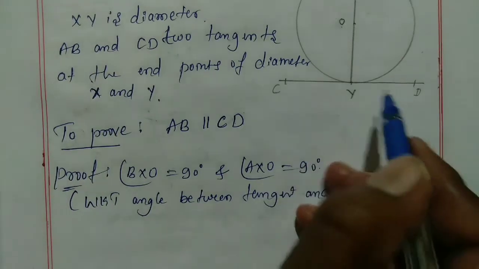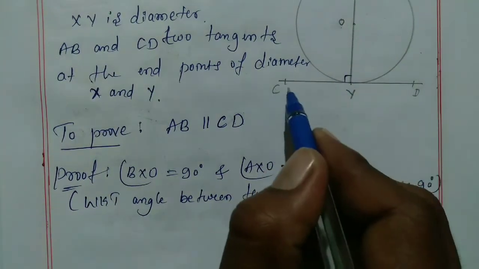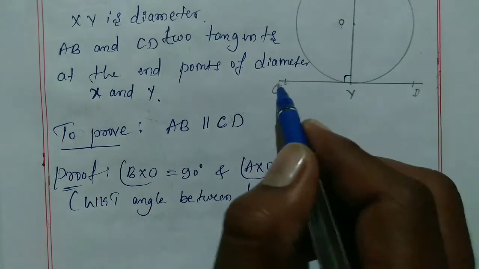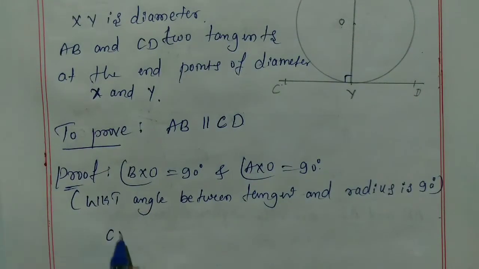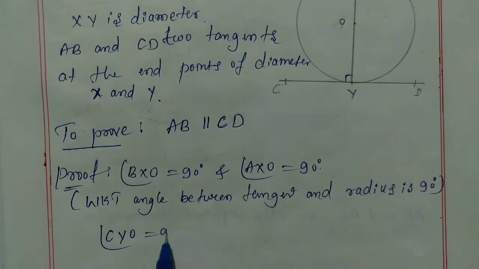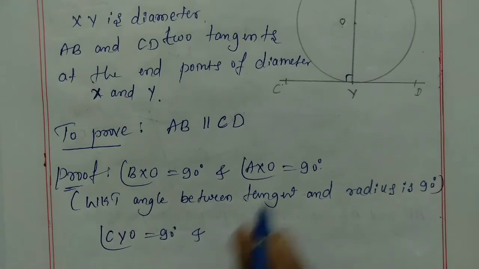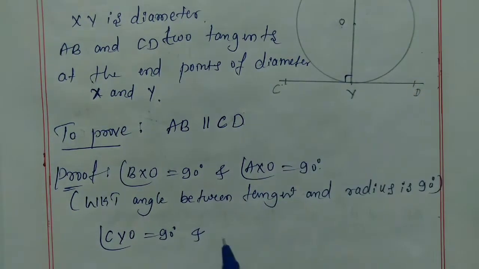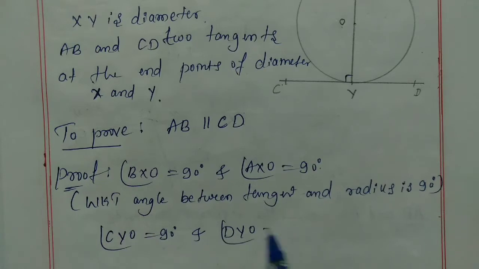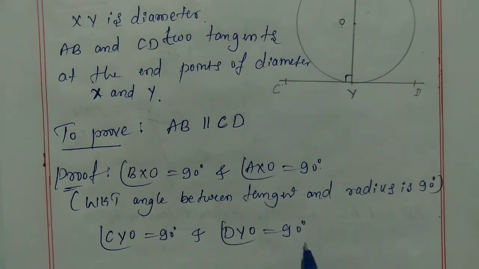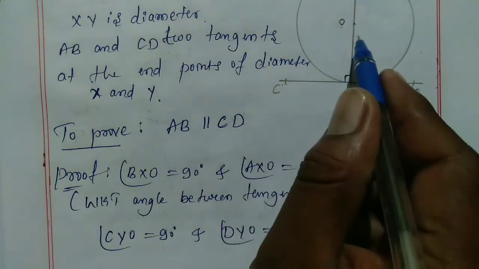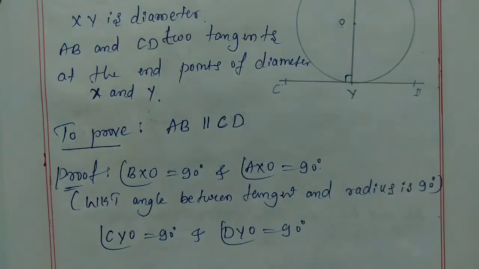Next, you can write here that angle CYO is 90 degrees, and also angle DYO is 90 degrees. Why are these two 90 degrees? Because we already know that the angle between radius and tangent is 90 degrees.